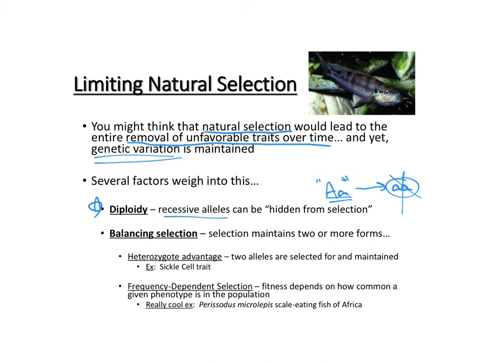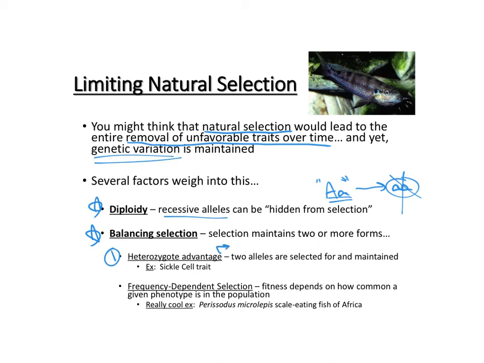Now we also have something called balancing selection, which is the idea that sometimes in some scenarios, it's good to be the other thing. It's not as simple as we definitely need to be one characteristic, one phenotype, or the other. So the first example of this is called heterozygote advantage.